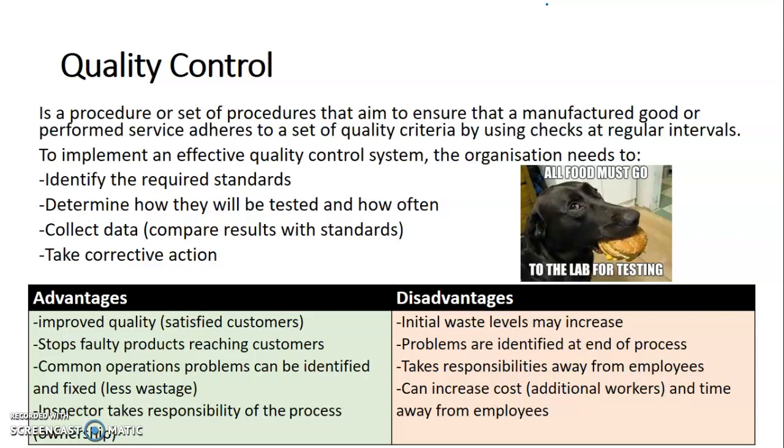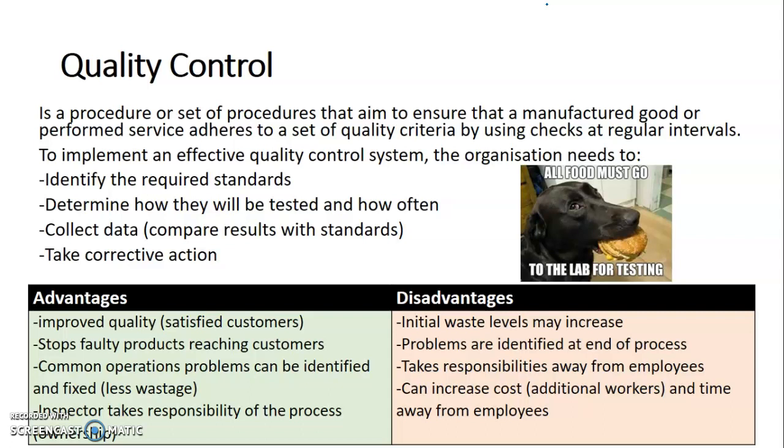Bad thing is if we're constantly checking, we may realize that we throw away more products before we reach the customers. That may cost us money. Problems are identified late, so we may realize that the process is not really great, like at the start the product was being made, we put 3 to 4 hours worth of work making the product, and at the end we found out it's broken.